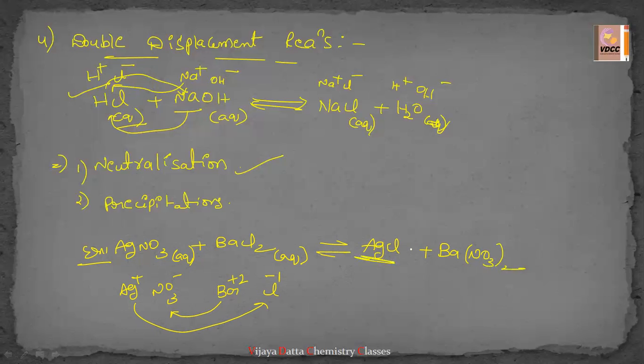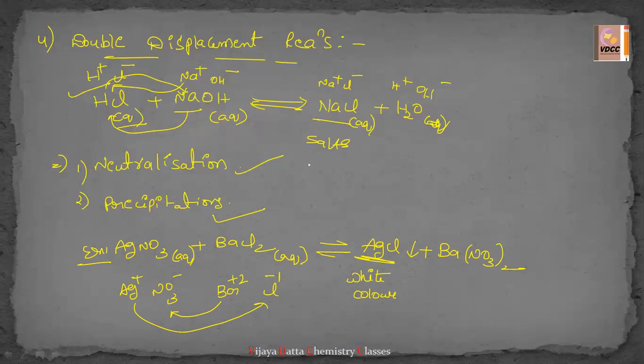Whatever AgCl is formed here, that AgCl is the precipitate. The downward arrow represents the precipitate, and it is a white colored precipitate. By displacing, when you form a precipitate, those are precipitation reactions. By displacing, when we form salts, those are neutralization reactions.